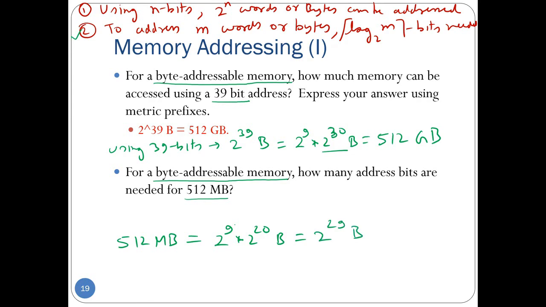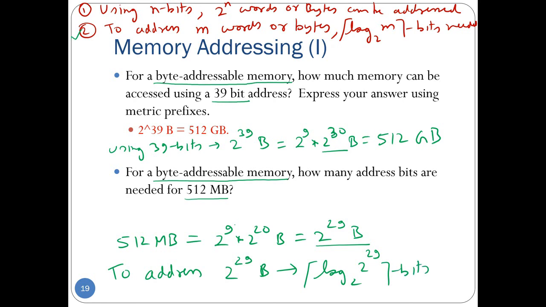So to address 2 to the power 29 bytes, we need the ceiling of log to base 2 of 2 to the power 29 bits, which is basically 29 bits.